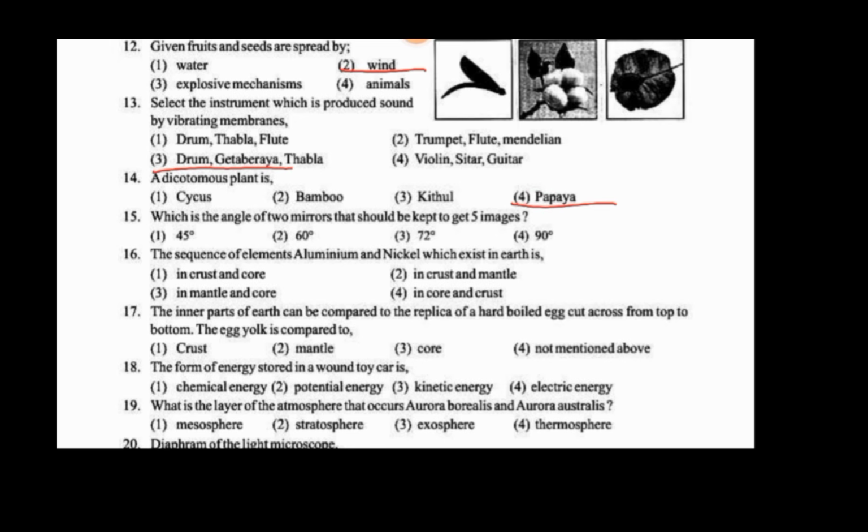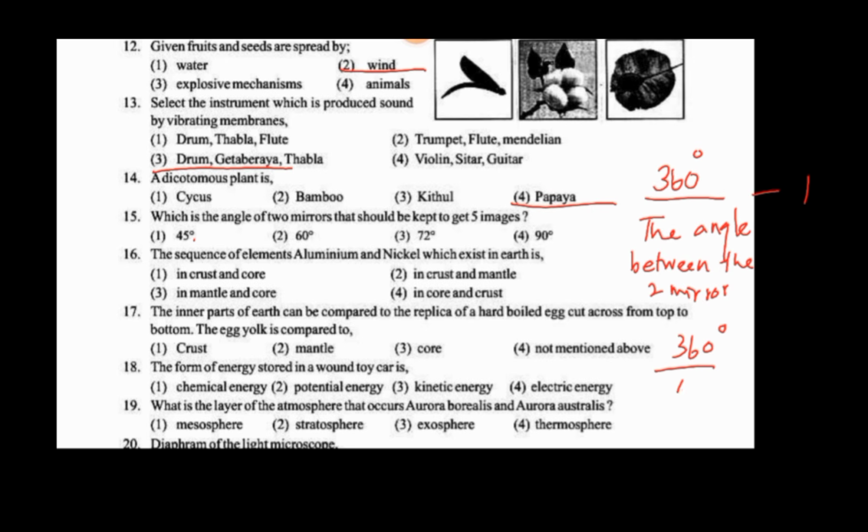Which is the angle of two mirrors that should be kept to get 5 images, right? There is a simple equation that you can use to find the number of images formed. 360 degrees divided by the angle between the two mirrors, subtract 1. Now let's take 45. 360 degrees divided by 45 minus 1. So this equation is not given in your textbook, right?